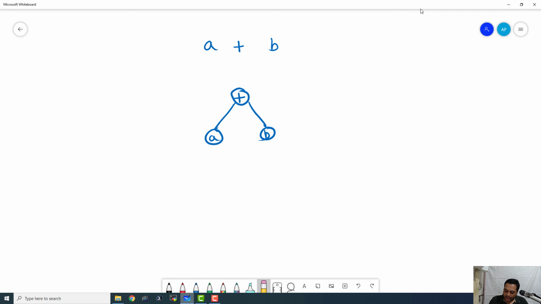Similarly, we can write another expression, A plus B multiplied by C. Now I am going to draw a tree that is going to show this entire expression, and that is quite easy. First of all, I'm going to draw the plus symbol in a node.